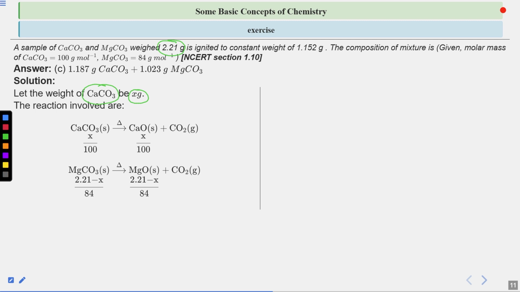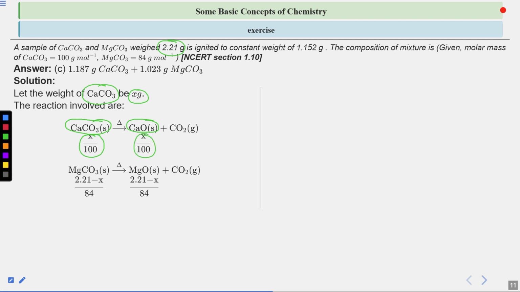So it is according to the equation, Nandini. If we are reacting 1 mole of calcium carbonate, then we will get 1 mole of calcium oxide. So if x by 100 moles of calcium carbonate is being ignited, that would give you x by 100 mole of calcium oxide.